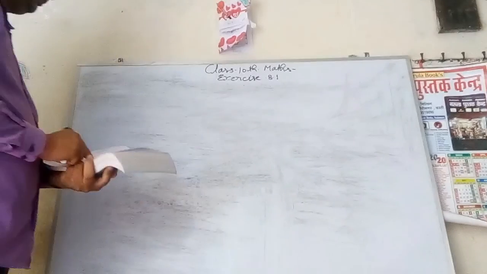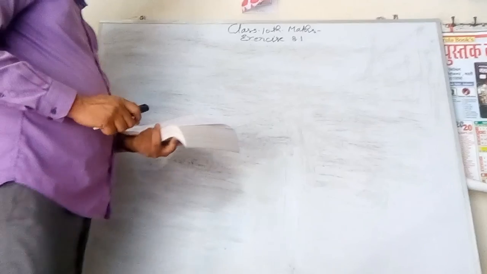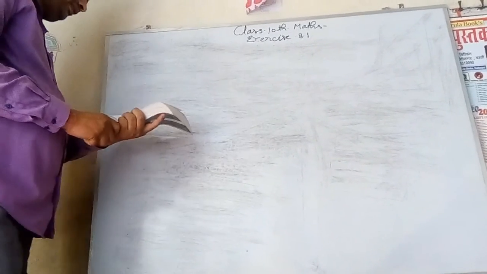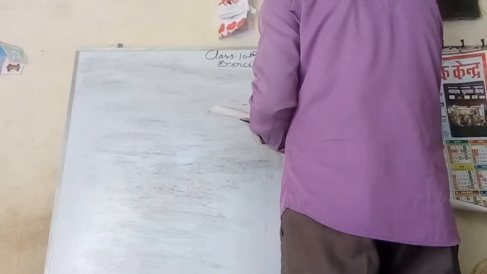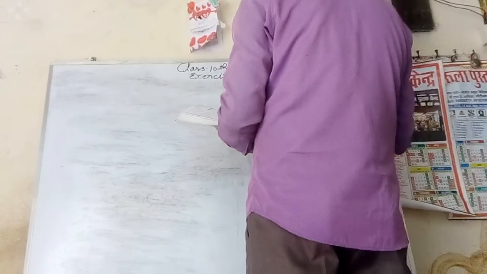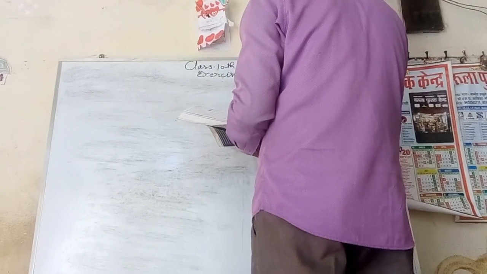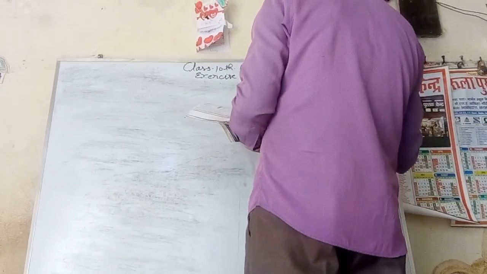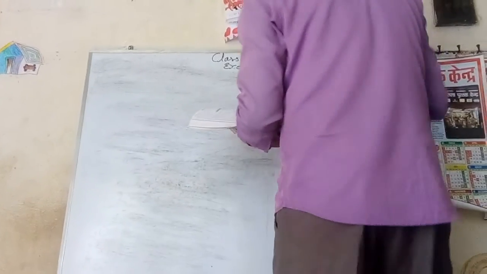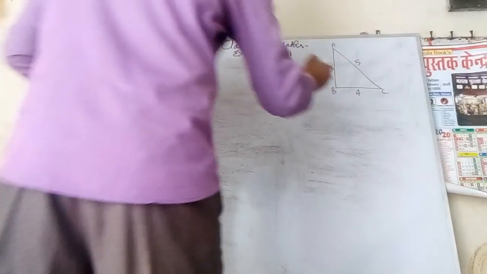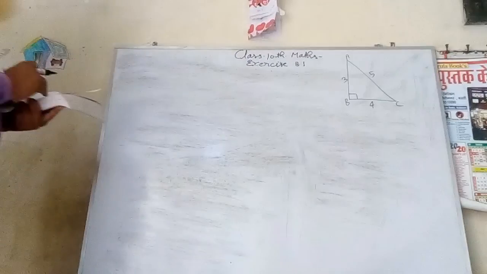In this book, this chapter is given as chapter number 4, and the first type of question. In triangle ABC, with sides 3, 4, 5, the angle B is a right angle.